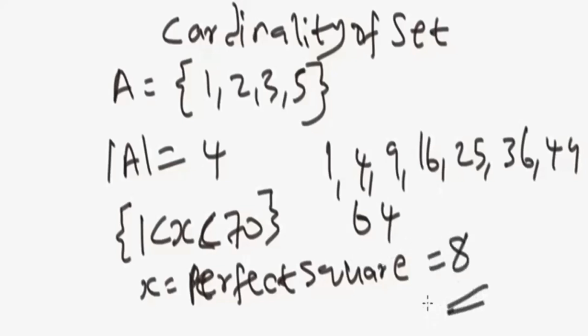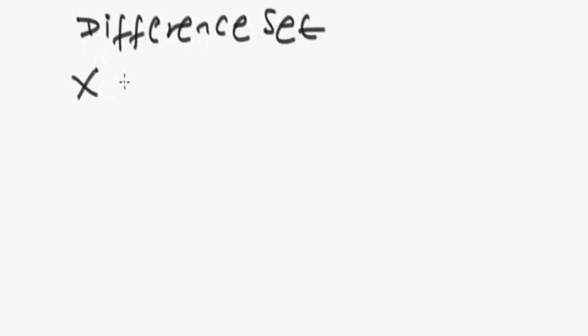So it's as simple as that. This is how you can solve problems involving the cardinality of a set. Now let's look at different sets. Let's say you're given these values.